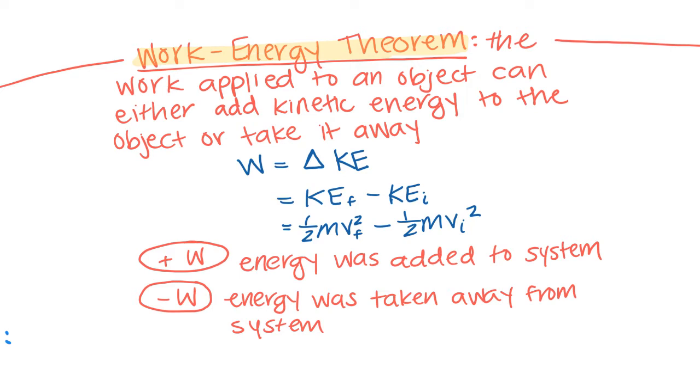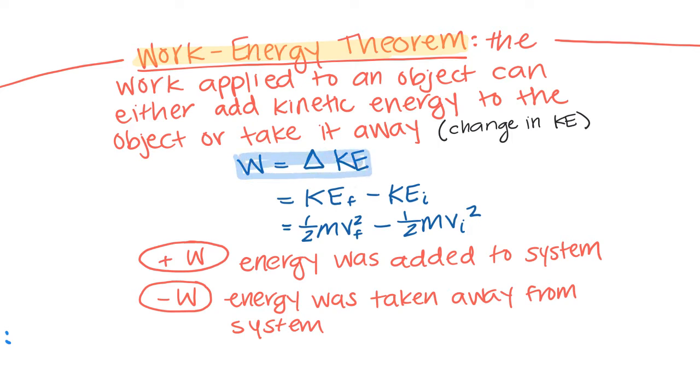Either way, if you were adding or taking away kinetic energy, we know there's been some sort of change in the object's kinetic energy, which leads us to this equation here. So this is our work-energy theorem equation.